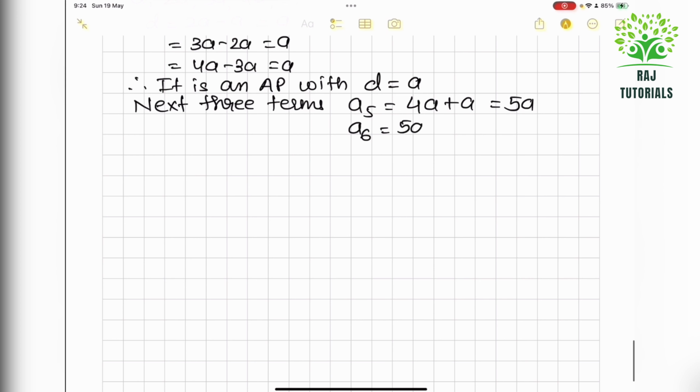A6 will be 5A plus A, 6A. A7 will be 6A plus A, that is 7A.